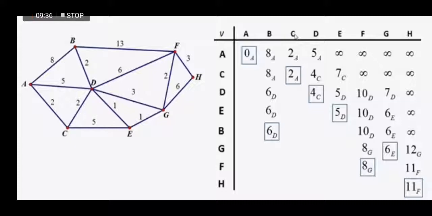The smallest length from A to go to the next vertex is vertex E, that is the length 5. So we will drag it down again and then box it. So we will repeat it until we reach H. That is our goal.